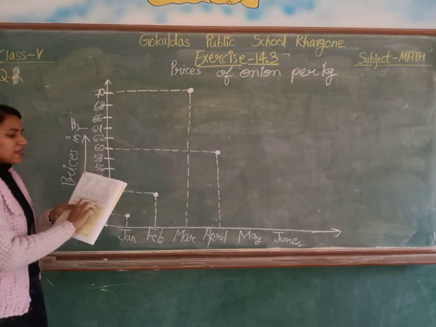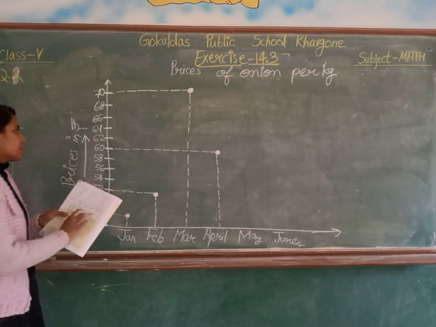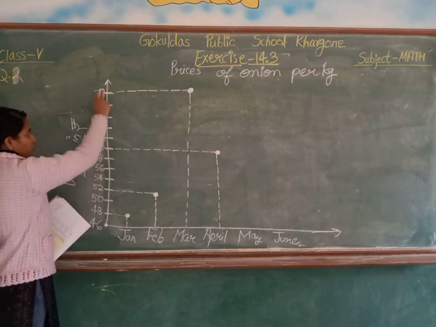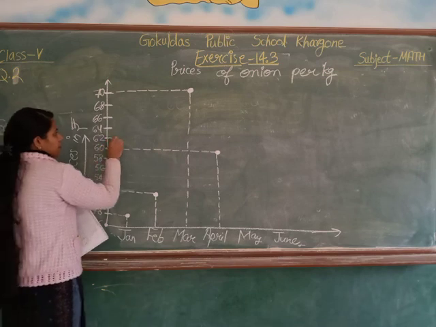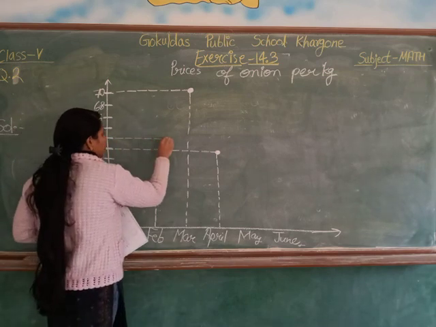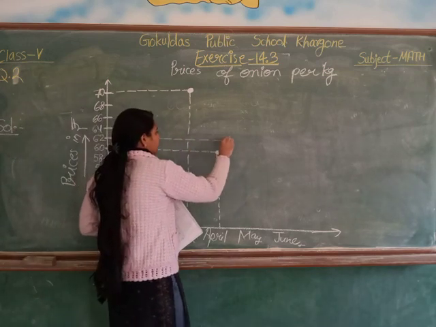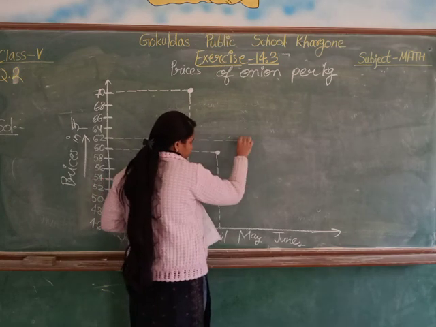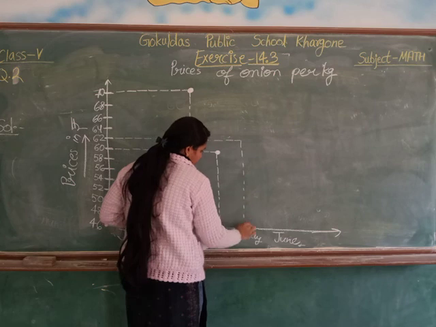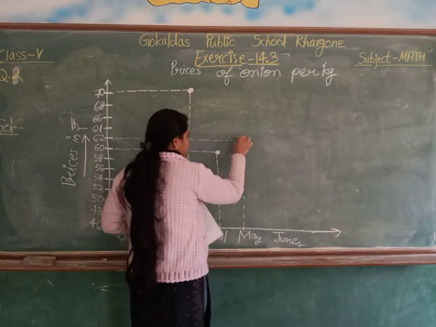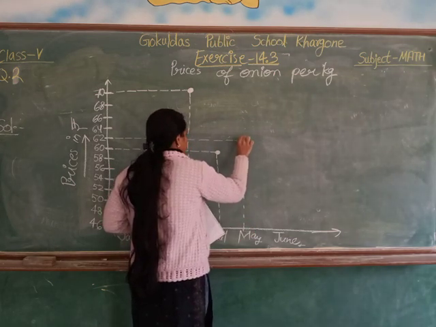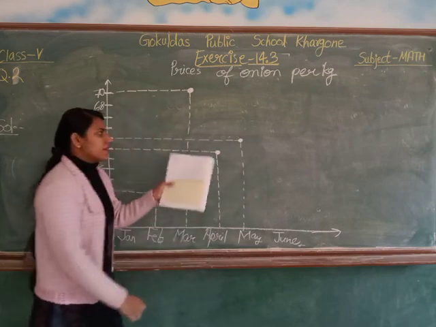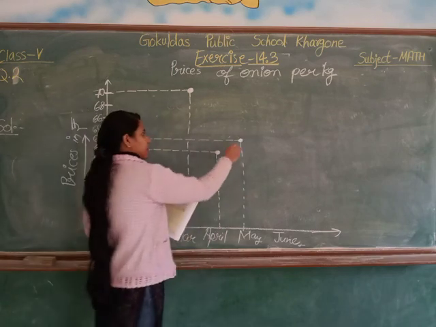Now for May, the price of onion was 62. So find number 62 on the vertical line. It is here. So draw a dotted line till May, and as you reach May, draw one vertical line. The vertical line must be dotted. You got the point, so mark the point properly.